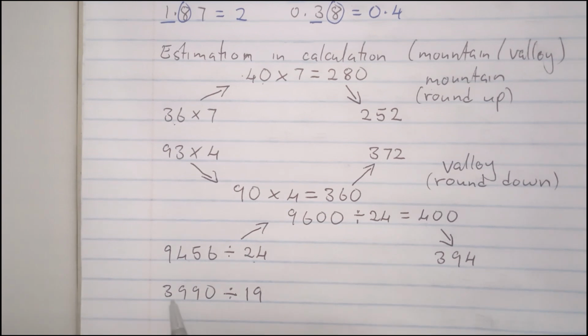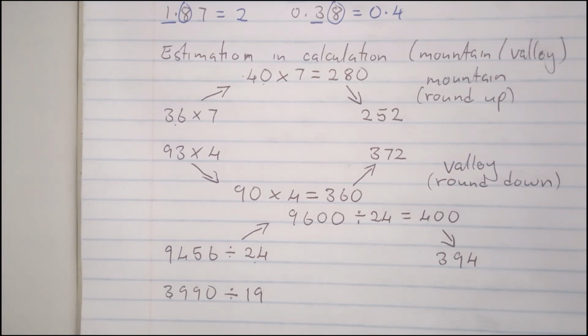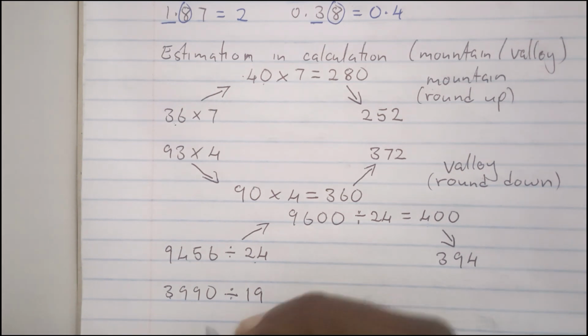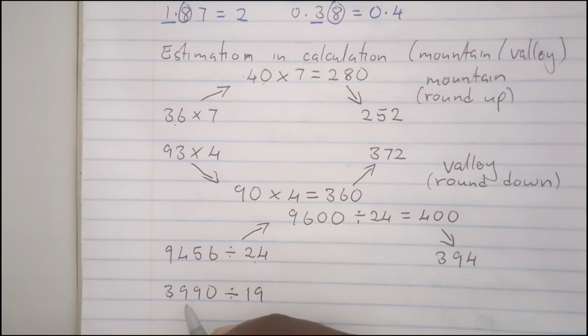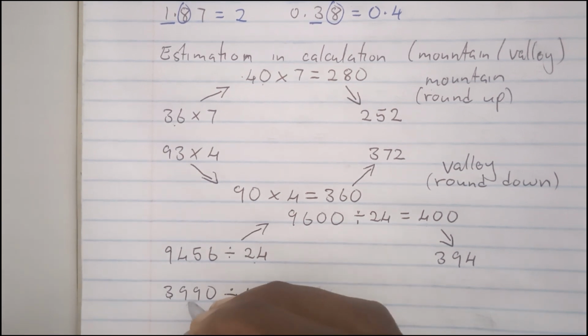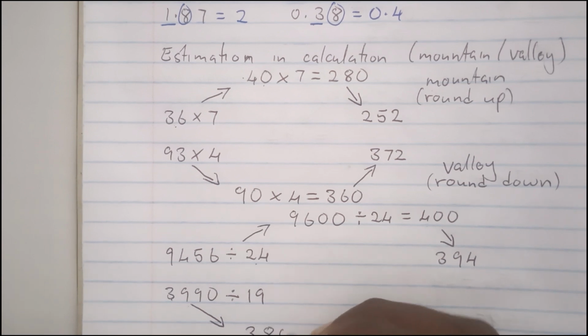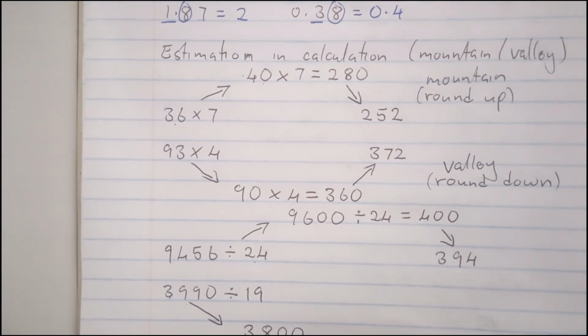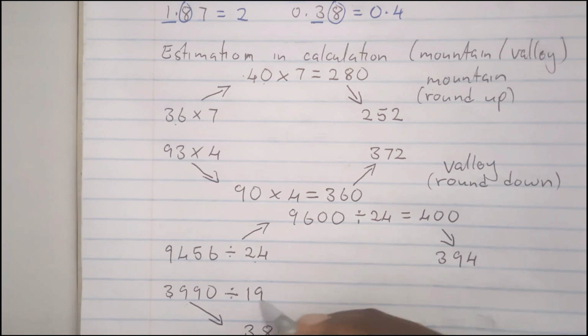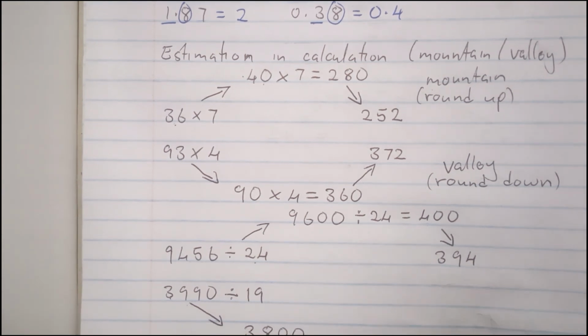Then we have our last one. By estimation, 3,990 divided by 19. Again, that's quite a number, but we can easily tell that the nearest number that is a multiple of 19 is 3,800. Why? Because 38 is a multiple of 19. Simple.